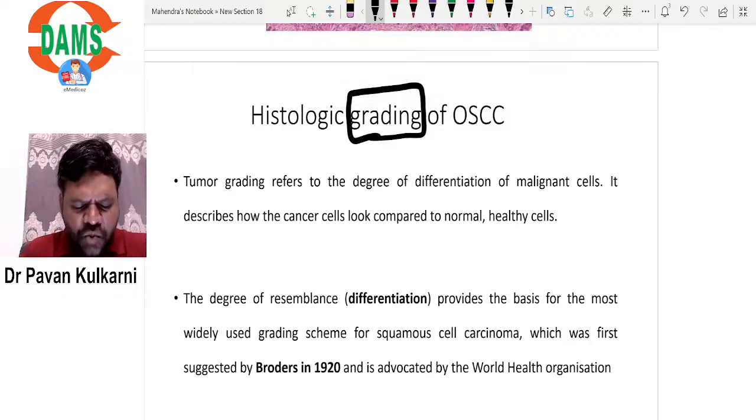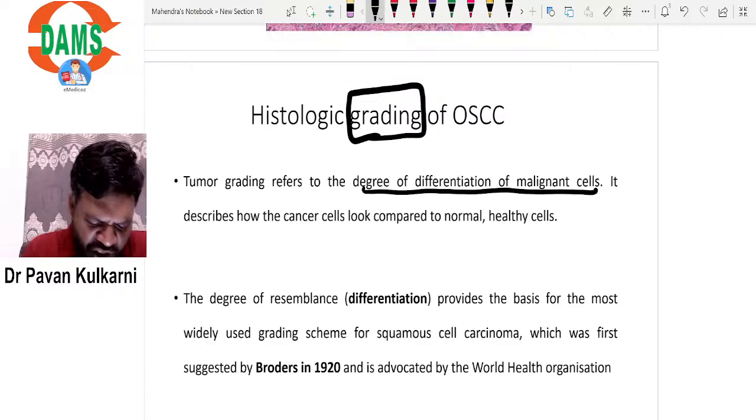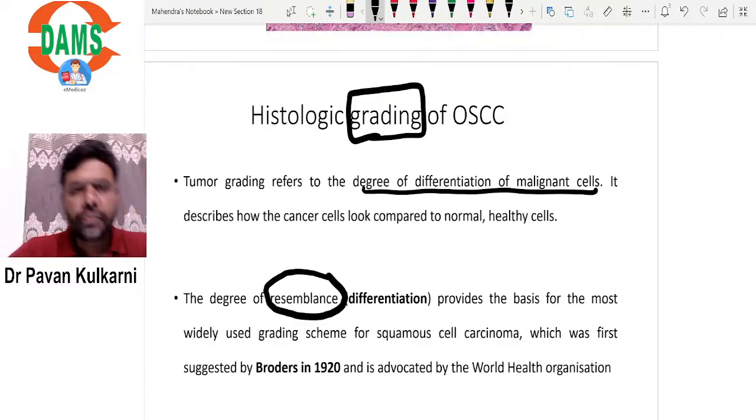Grading means the degree of differentiation of malignant cells. Now the question comes, what do you understand by differentiation? Differentiation in simple terms is resemblance.